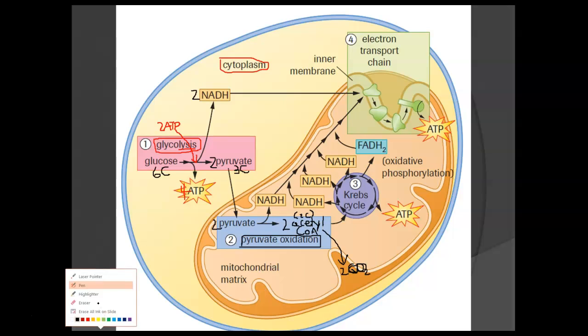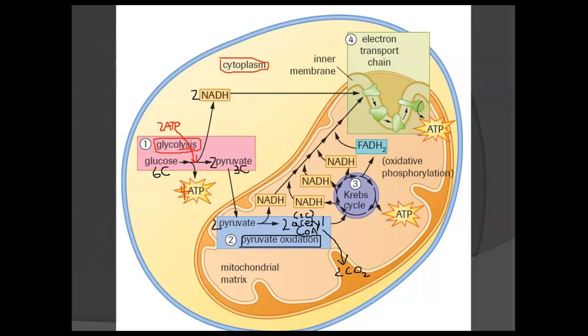Maybe I can erase it if you bear with me, and I'll try again to make it look a little nicer for you. So 2 acetyl coenzyme A's are created, and then we also create 2 carbon dioxides from the process. So what we're going to see as we move forward here is we're going to continue to gradually break down that glucose molecule into smaller and smaller pieces, reducing the number of carbons in it.